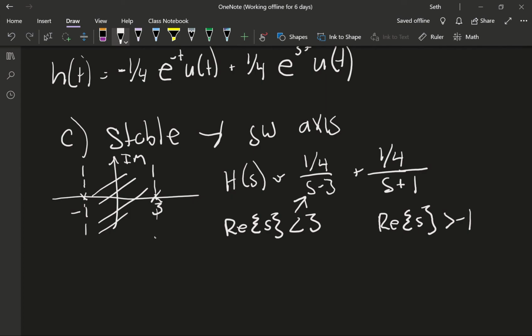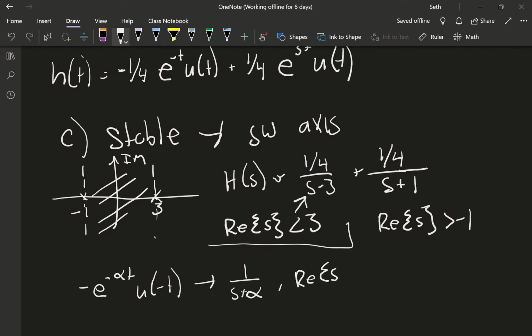Again, make sure you're getting the correct one. For this first term here, it's going to be minus e to the minus alpha t u(-t) maps to 1/(s plus alpha), and the condition is that the real part of s, excuse my curly brackets, they're kind of hard to do on this tablet.